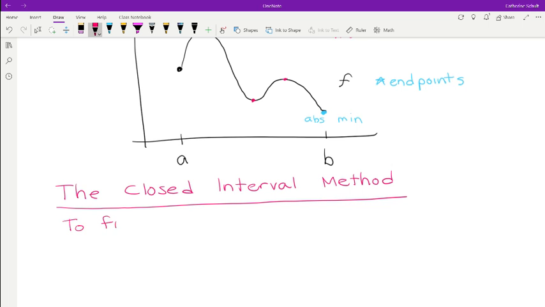Okay, so to find the absolute max and min values, maximum and minimum values. And let's restate our hypotheses. We have to have a continuous function.